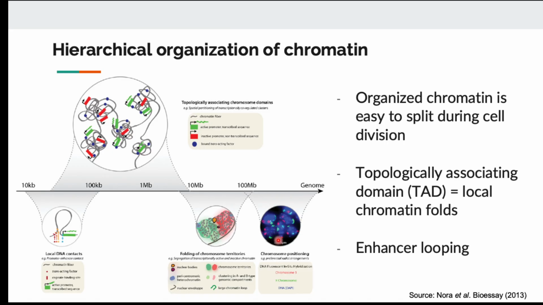So let's say chromosome 3 is in red. Chromosome 3 will be folded as a globule, as a ball, and placed at a certain position inside the nucleus. It's not like chromosome 3 is free, flowing throughout the entire nucleus.